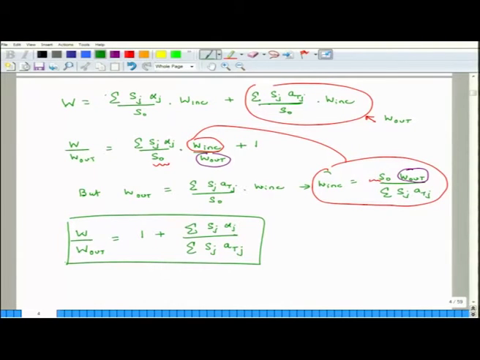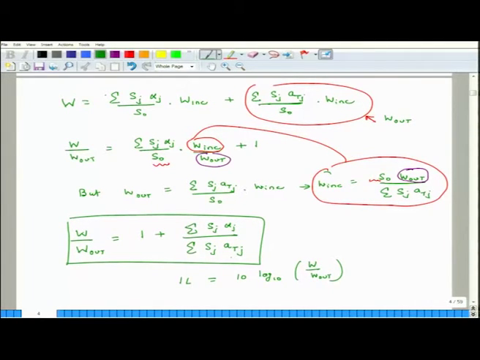So, this is W over W out. If we know the transmission coefficient and the absorption coefficient of each surface, then we can calculate W over W out, and then the insertion loss will be nothing but 10 log of W over W out.